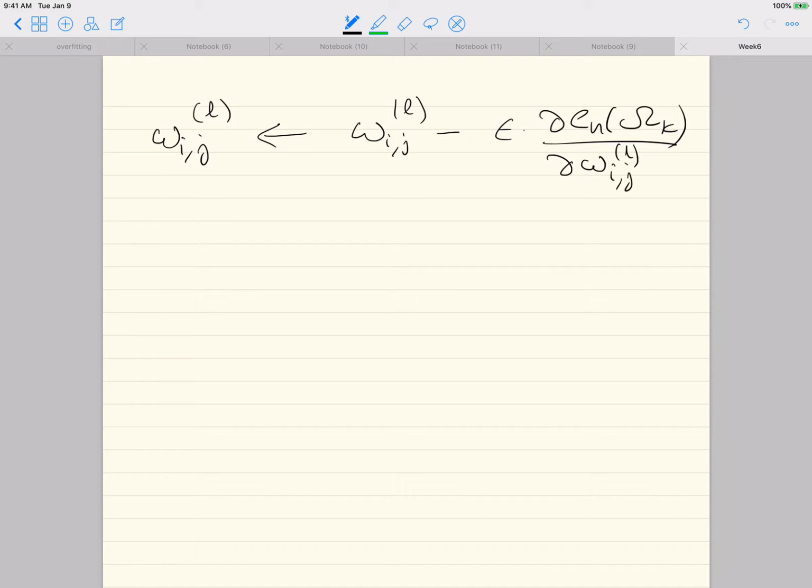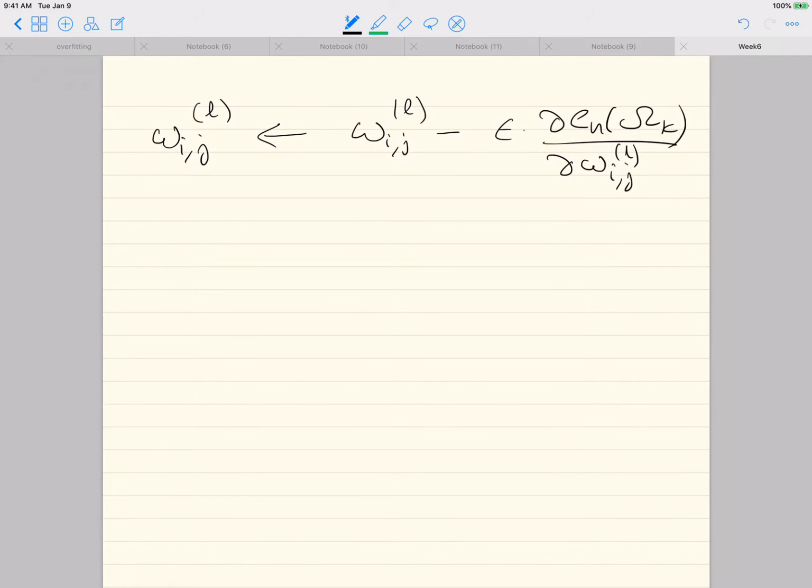That's it. And then you continue until you converge, until some stopping condition is met. We'll discuss the right ways of judging convergence later on. But this is the principle of stochastic gradient descent: take the derivatives with respect to the weights and do this update.